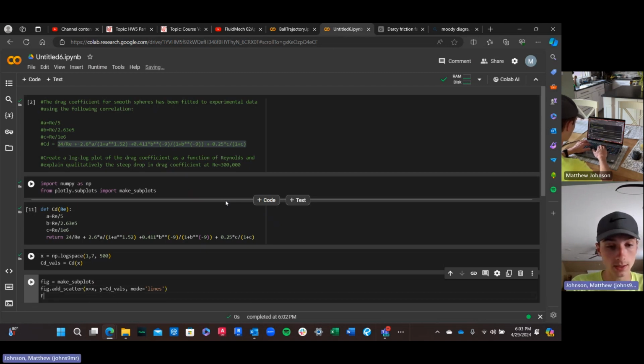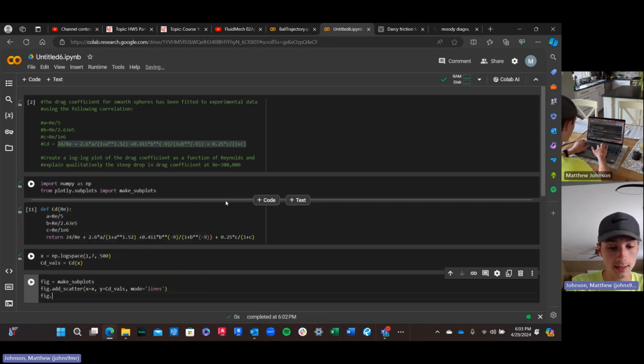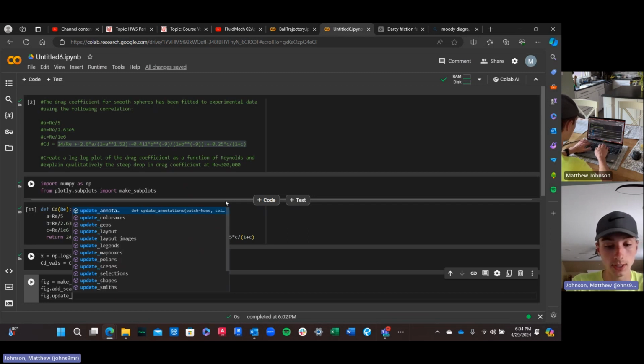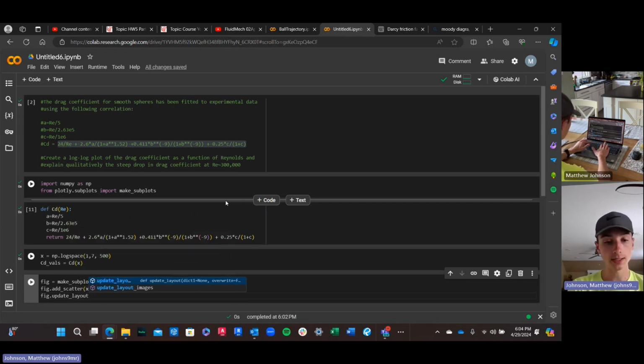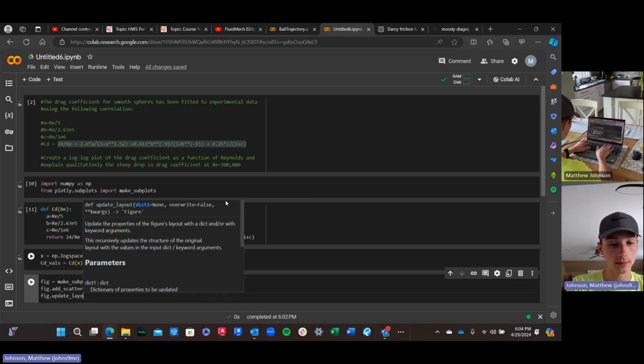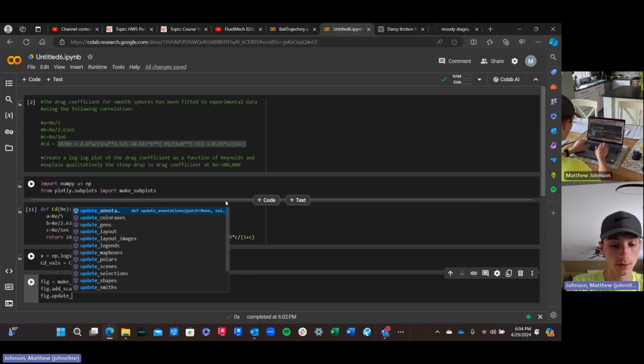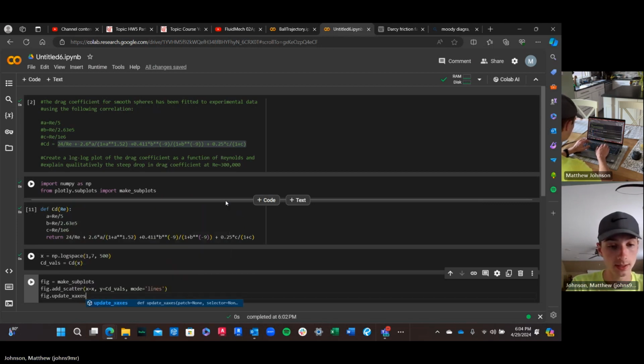Okay, and then we can do a quick update. We want a log plot, it says, so fig dot update_layout. And we want to do, oh, actually, that's the wrong command. What am I thinking? Update_xaxes. We're going to do x-axis first.